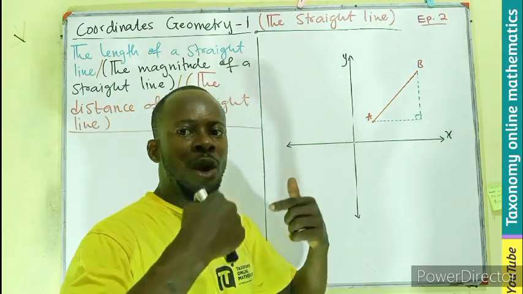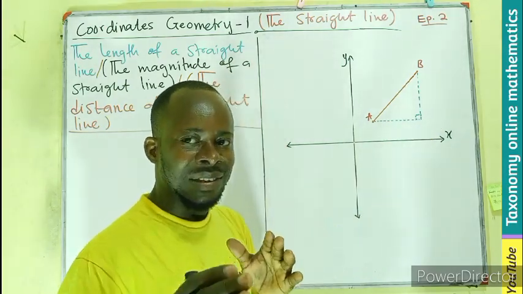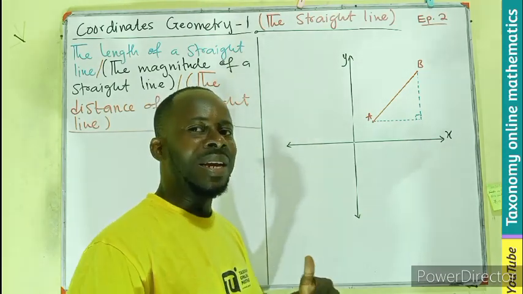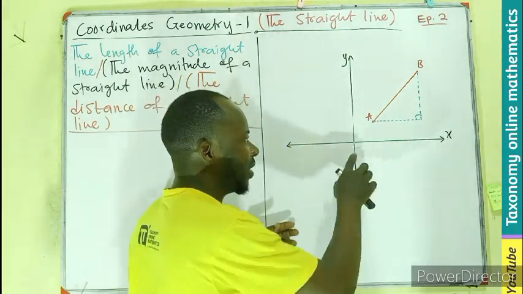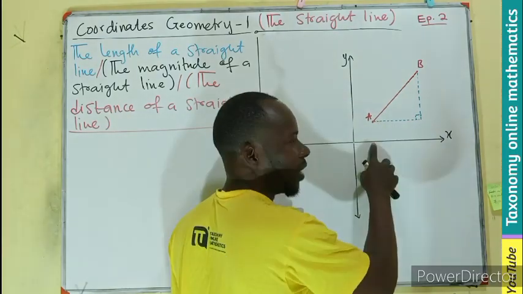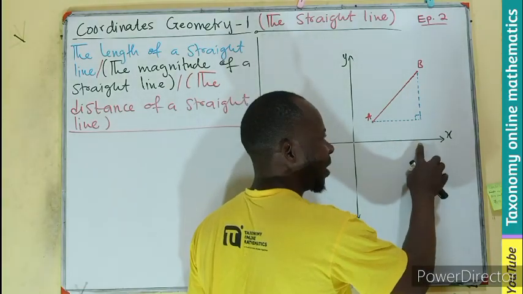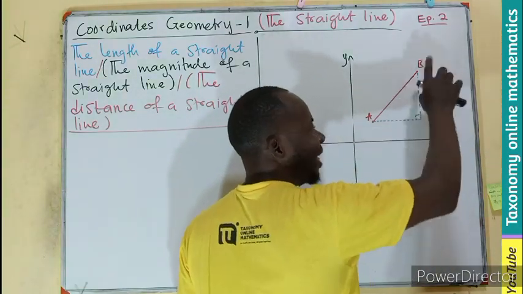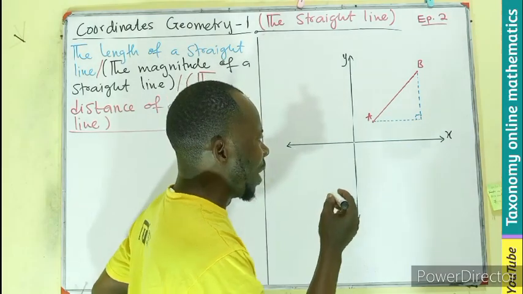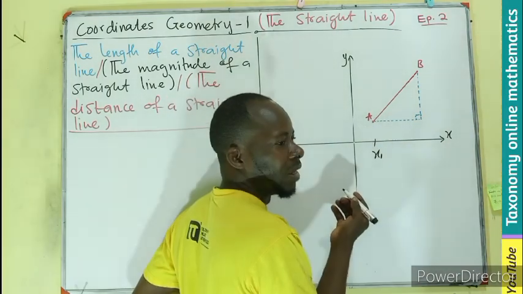But we first deal with, since we are dealing with coordinates, which make use of the x-axis and the y-axis, we find the displacement. What is the displacement from the point A? If I am here, I can displace myself to the right, then I move up to give me the distance between them. So I'm going to say that this is the first x point, let's say x1.